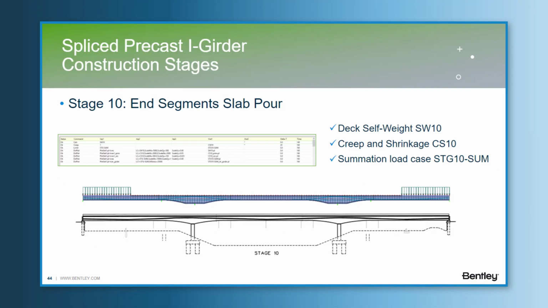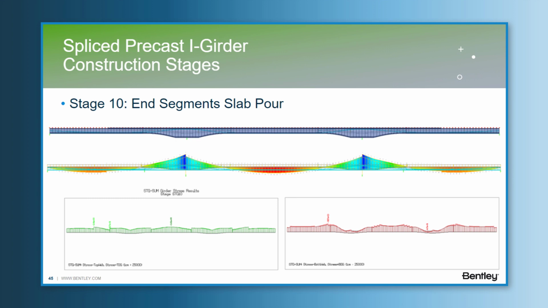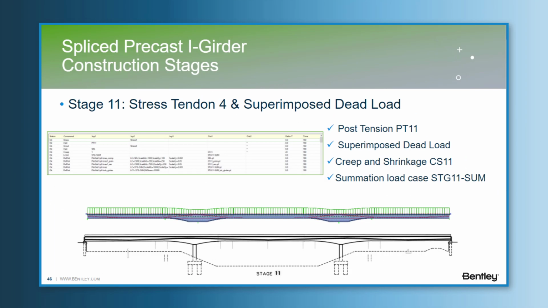So stage 10, end segments, slab pour. So for the self-weight of the deck wet concrete on the extreme spans and the corresponding obtained results. Stage 11, stress tendon 4 and superimposed dead load.